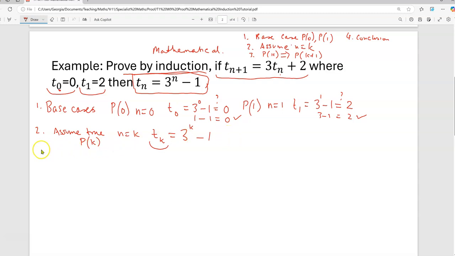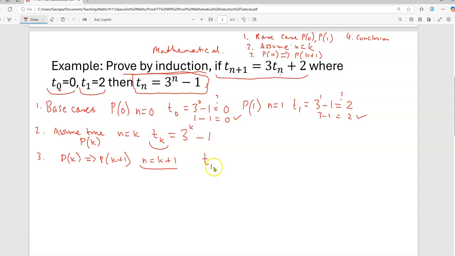Okay, so the next step, we're going to use the implication. We're going to use the previous result to imply that P of k plus 1 is also true. So now we need to have a look at when we're putting in k plus 1 here, when we're going to get this expression.